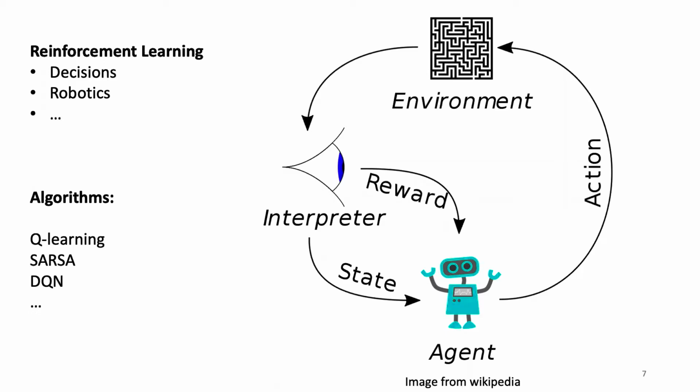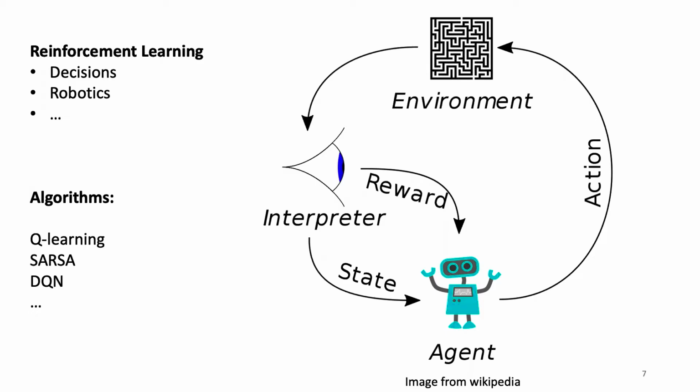Think of the agent as part of a whole framework that takes action, receives reward from its previous action, and gets a new environment state as a result of the previous action.